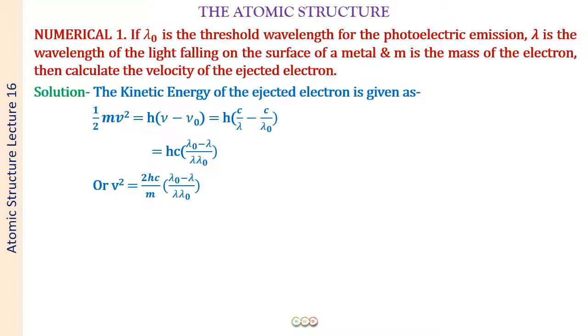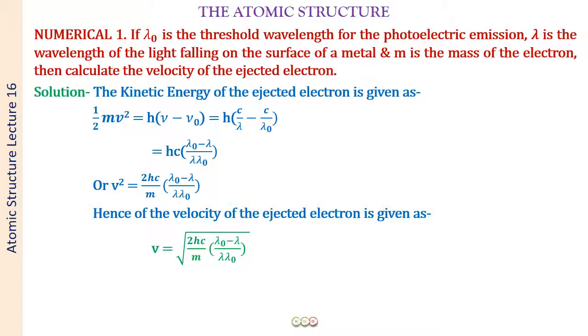We can write simply this again as v square to be 2hc by m into lambda naught minus lambda over lambda into lambda naught, and from this you can calculate the velocity of the ejected electron to be the under root of 2hc by m into lambda naught minus lambda over lambda into lambda naught. The only thing I wanted you to remember is this relation, so I have put it along over here, otherwise a very simple one.